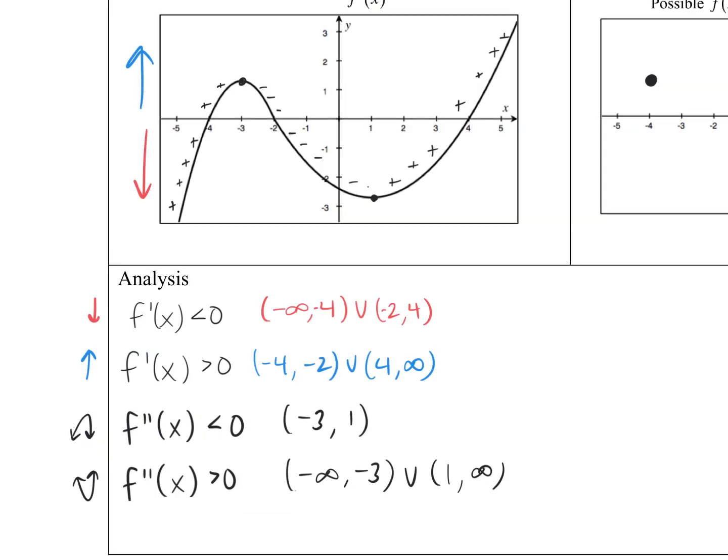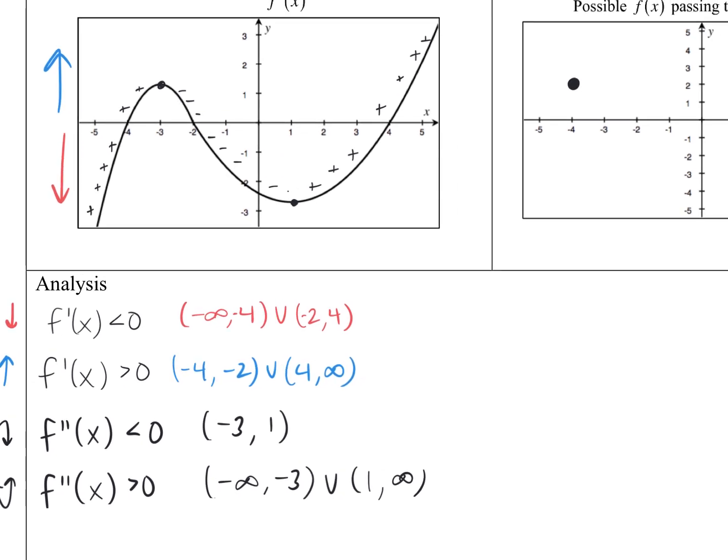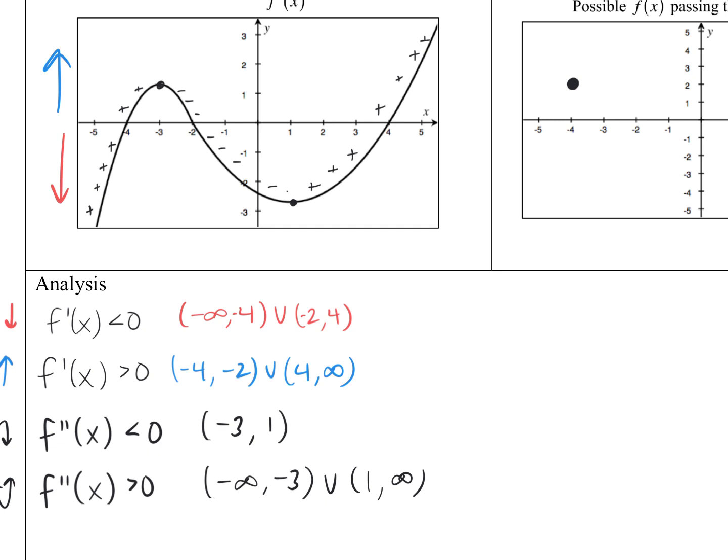So once we have all this information, I always like to start with the increasing and decreasing information and then double check that we have the concave up, concave down stuff as well, okay? So I'm going to start, it says on the very far left, from negative infinity to negative 4, I'm decreasing, okay?